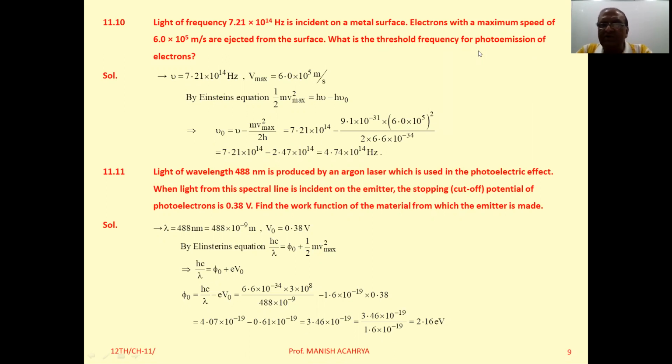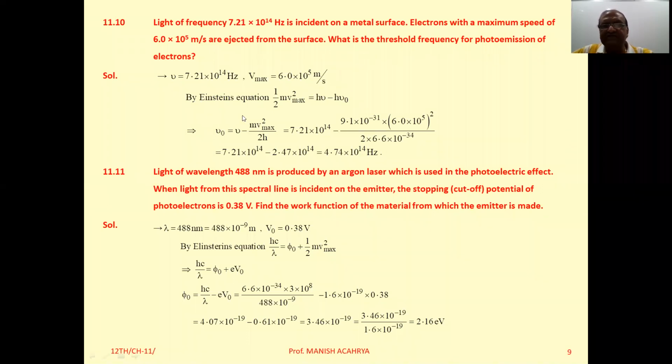What is the threshold frequency for photoemission of electrons? Now the frequency ν is 7.21 × 10^14 Hertz. Then the maximum speed is 6 × 10^5 meter per second. Okay. Now we want to calculate the threshold frequency.